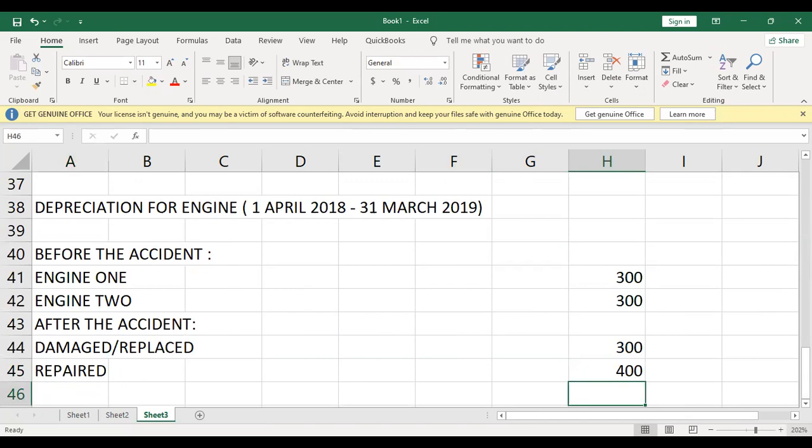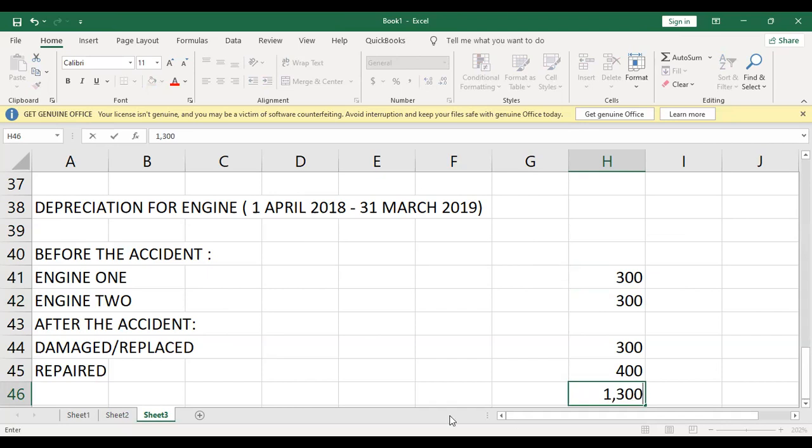Add all this, the total depreciation. 700 plus the 300, the 600 we had before. 1 million. Yes, 700 plus 300 plus 300. That should be 1,300. So our depreciation for engine is 1,300.